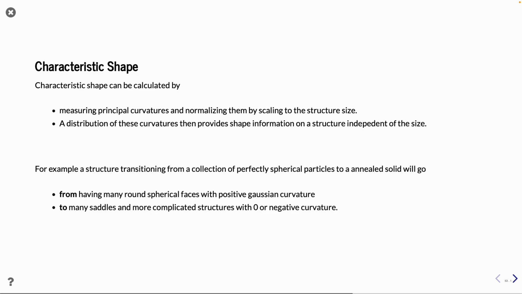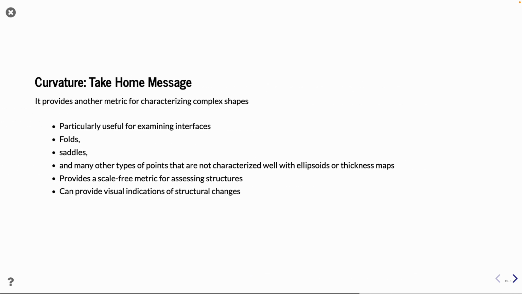So it can be used in that way. But I haven't used these for any characterization yet, personally. What we can get from the curvature are fold and saddle positions, and it's actually a scale-free metric to assess how structures are shaped.